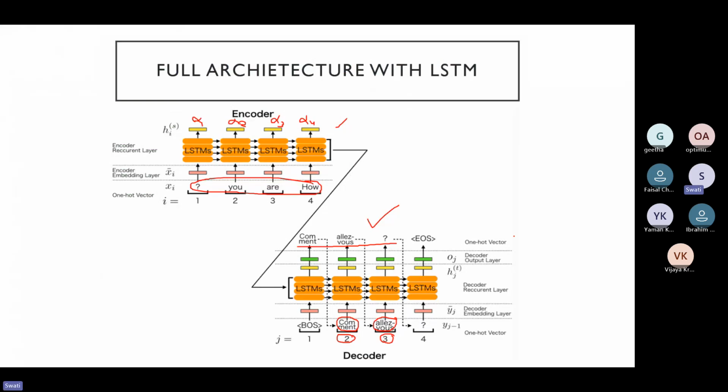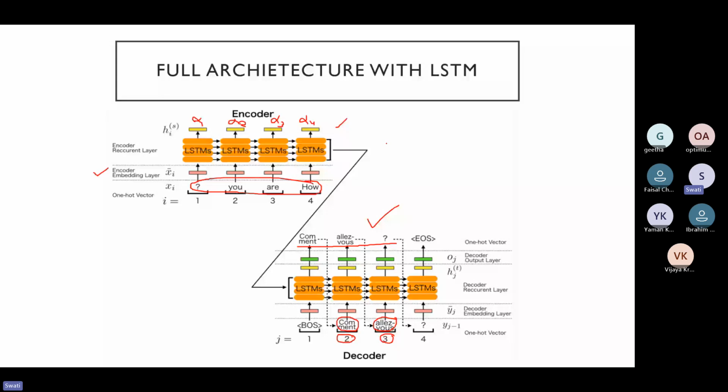There is one more thing. Usually we do this embedding for the input words, because in embeddings you can store the words in some vector form, in which the words which are similar to each other will have similar kinds of embedding.